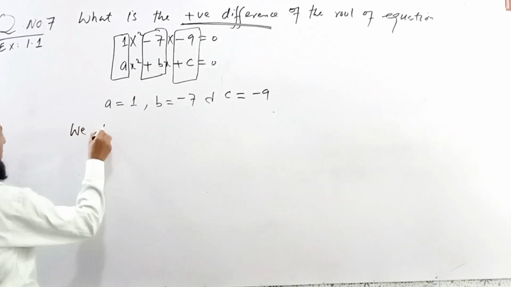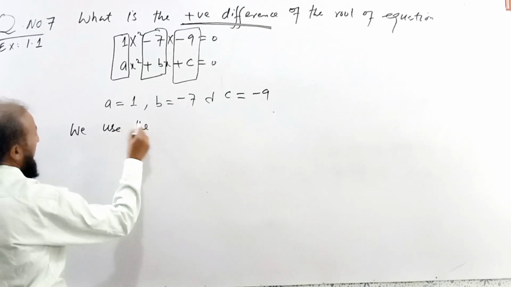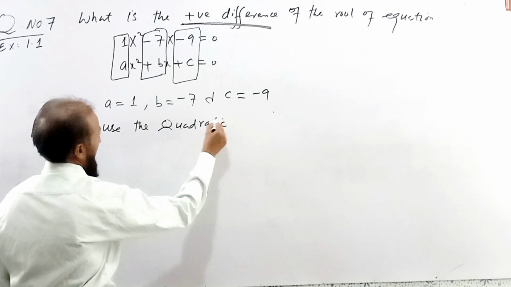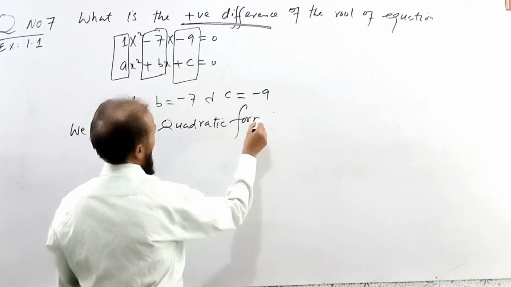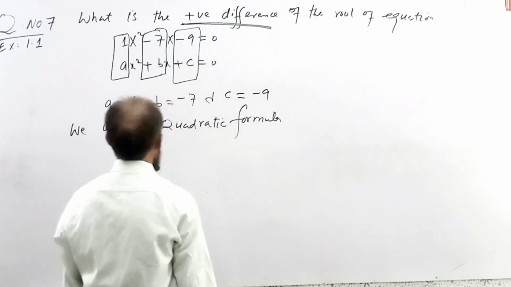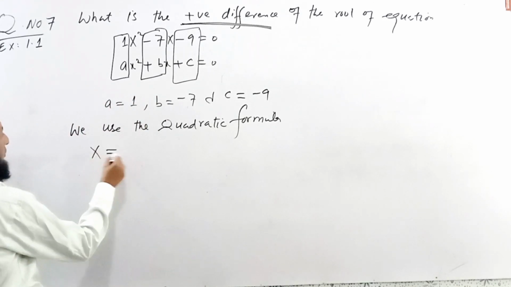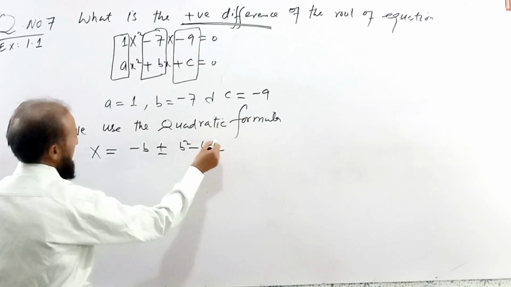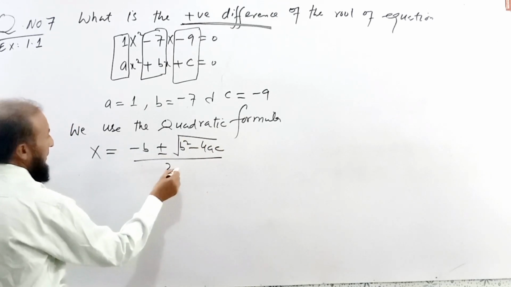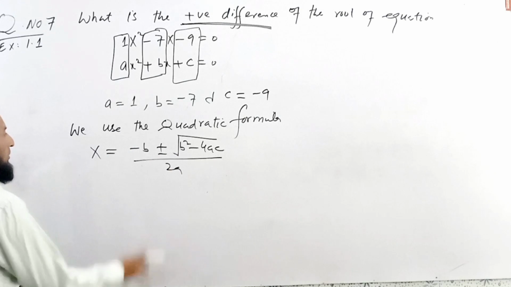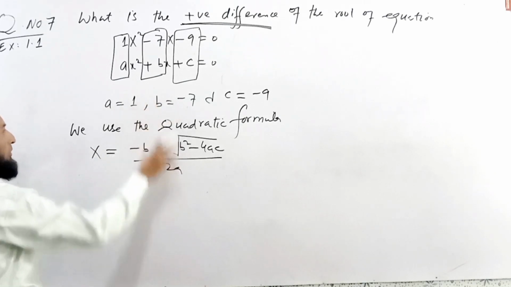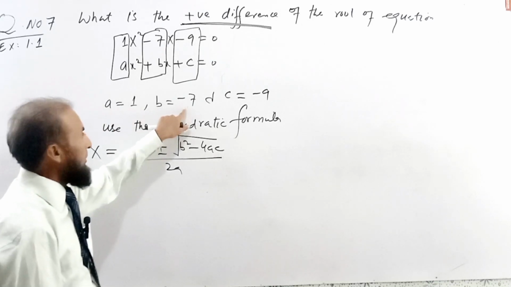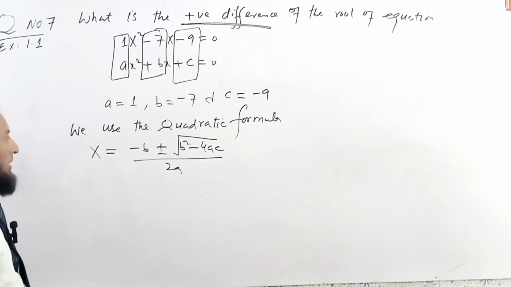We use the quadratic formula: x is equal to minus b plus minus square root of b square minus 4ac, divided by 2a. Now in this formula we already have a is equal to 1, b is equal to minus 7 and c is equal to minus 9.